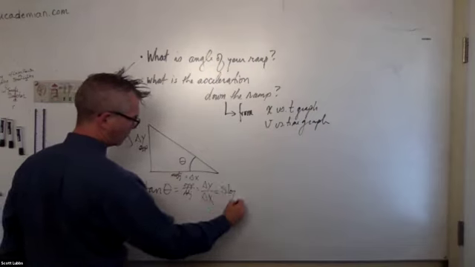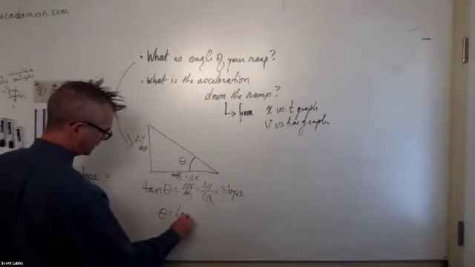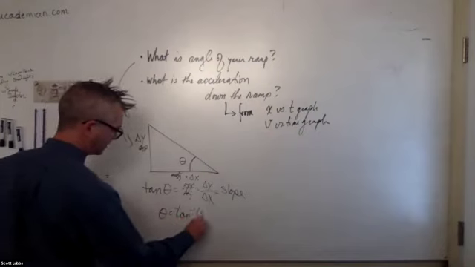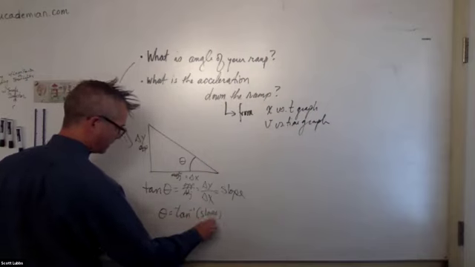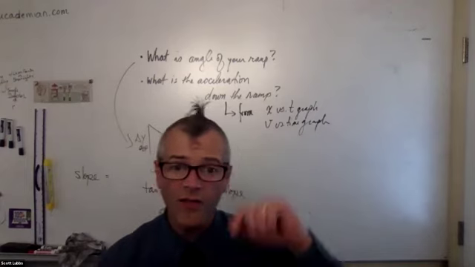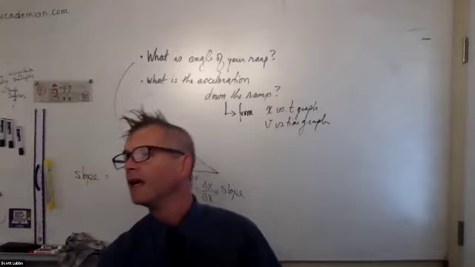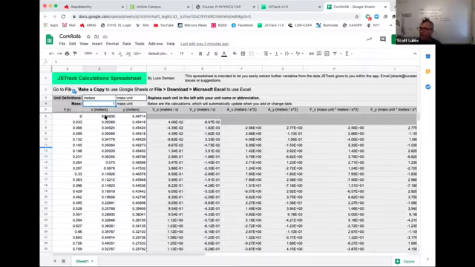So theta is the inverse tangent of your slope. And if you take a look on my graph, I have my X positions and my Y positions.